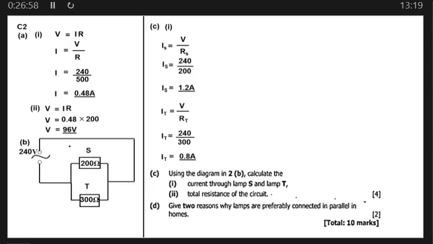So we just use the actual resistors given, dividing into the voltage. So those are our answers.